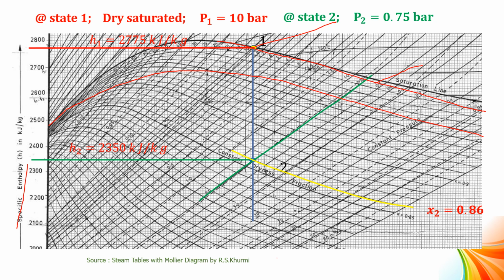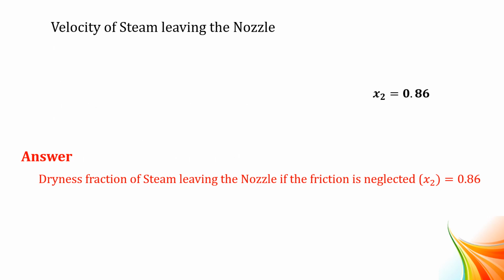S1 is at pressure 10 bar, S2 is at pressure 0.75 bar. So we can easily find H1, H2, S1, S2 and dryness fraction X2 also. We have found the dryness fraction as 0.86 when the steam leaves the nozzle.